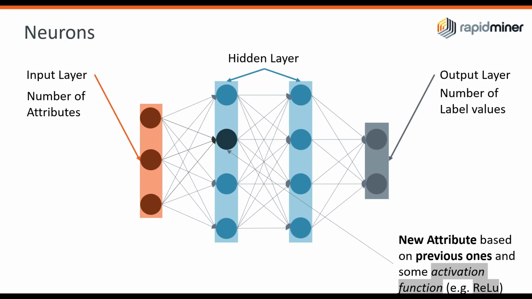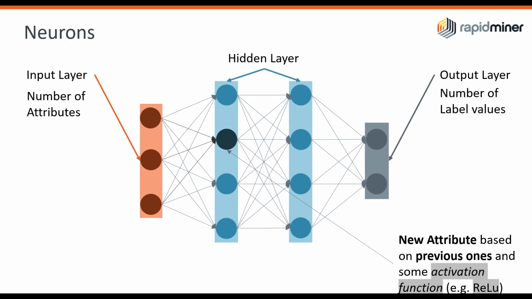So it might be that the first attribute of the input data takes up a majority of this mixture, and the others only play a minor role. But then again, it's not only this mixture, but there's also some function you apply to it to check to what extent this mixed up value amounts for the neuron.